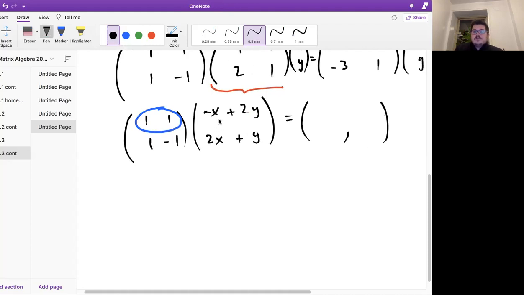So we're taking 1 times the stuff in the first coordinate and 1 times the stuff in the second coordinate.